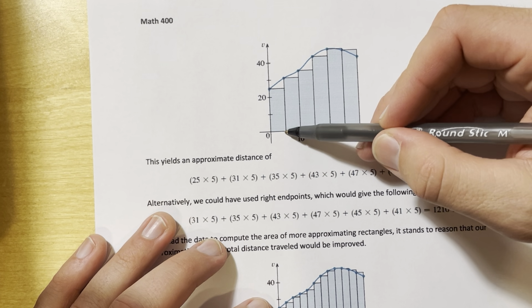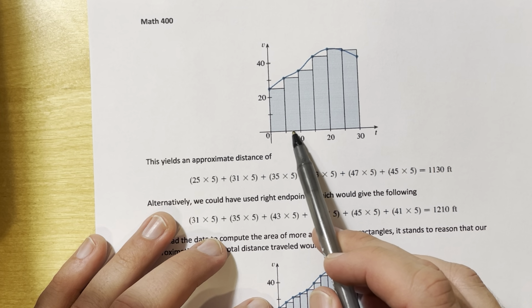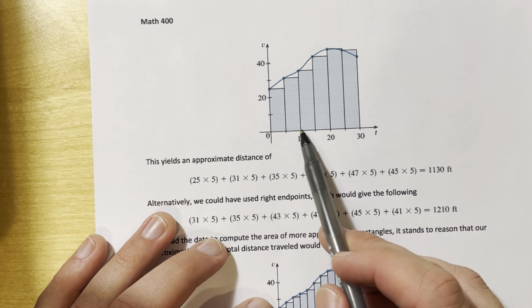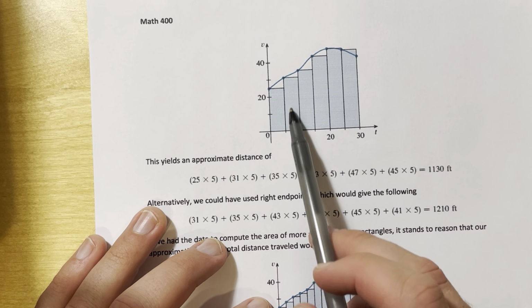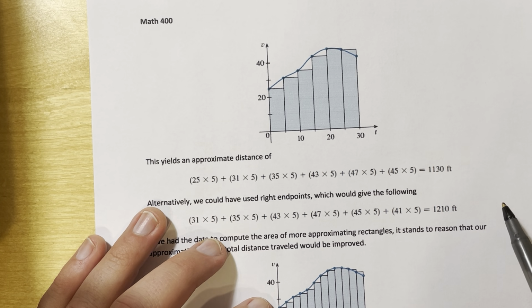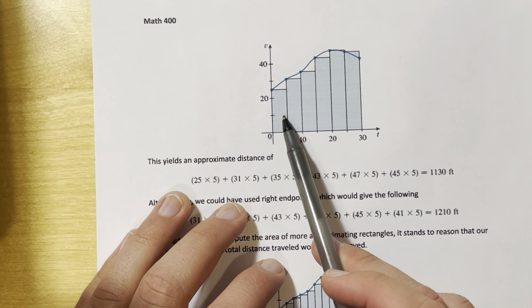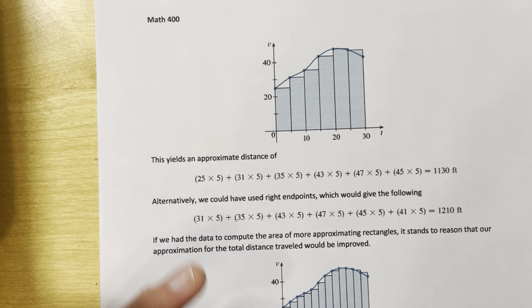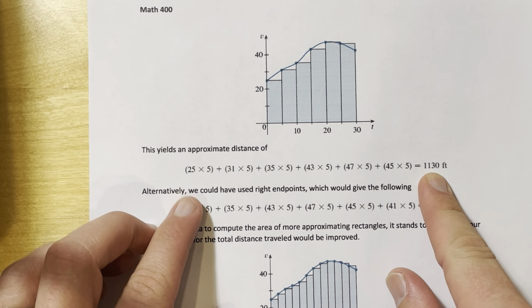That would be the height of that rectangle. 5 is my delta t, my amount of time that's elapsed in that next subinterval. 31 times 5 is both the area of that rectangle and the approximation that I'm using for my distance traveled. The area of each of these rectangles is my estimate for distance traveled over that 5-second subinterval. And so adding all of those up gives me an approximation for the total distance traveled.